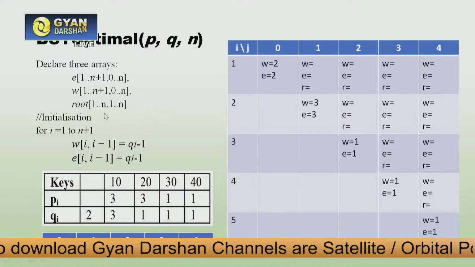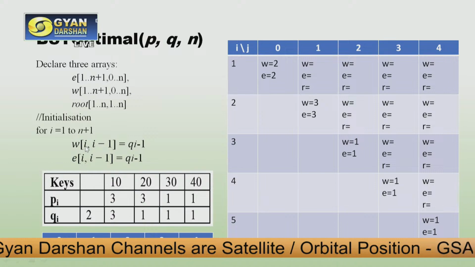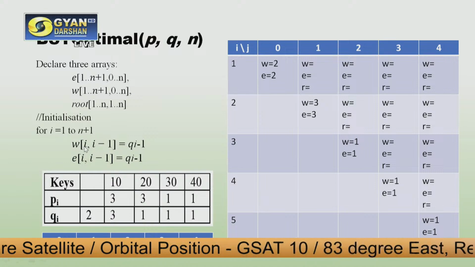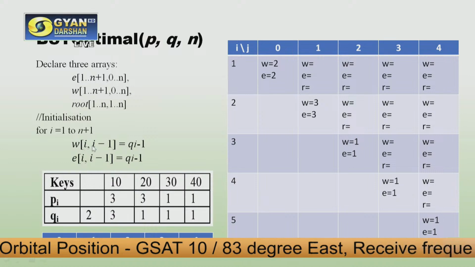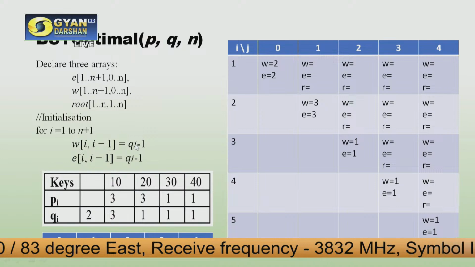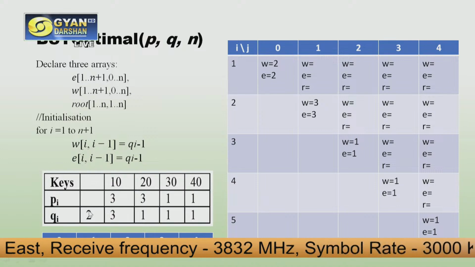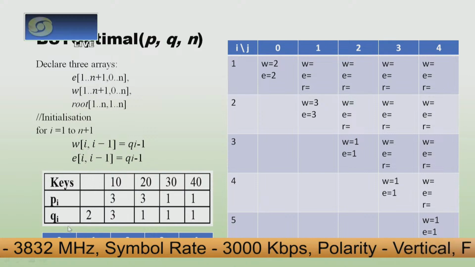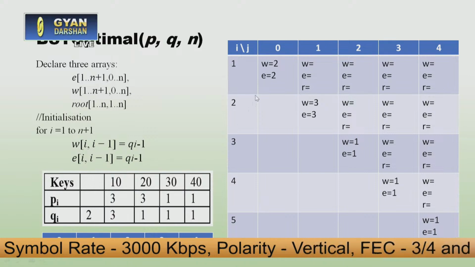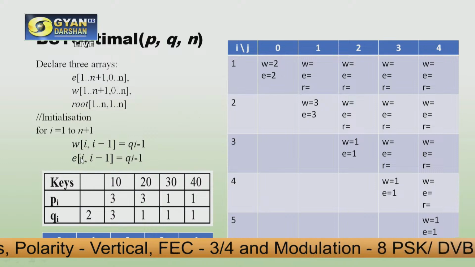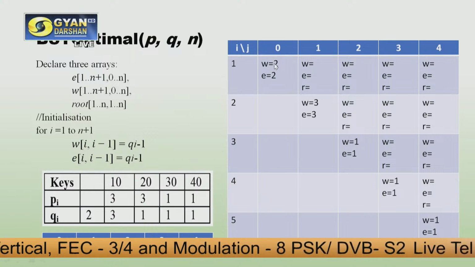So let's see in what way the values are going to change. For i equals 1, it is W[1,0]. What is that value? W[1,0] is Q0. Q0 happens to be this particular value, 2. So the value of E as well as W will both be 2.